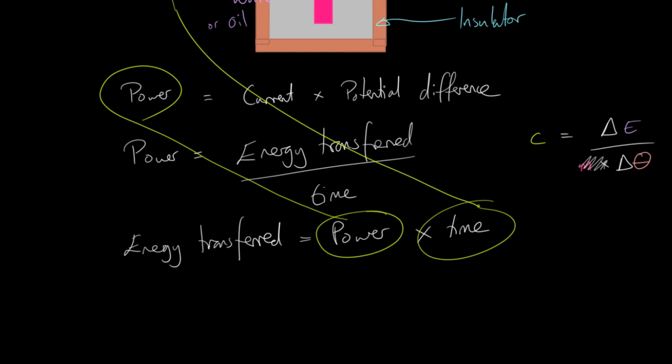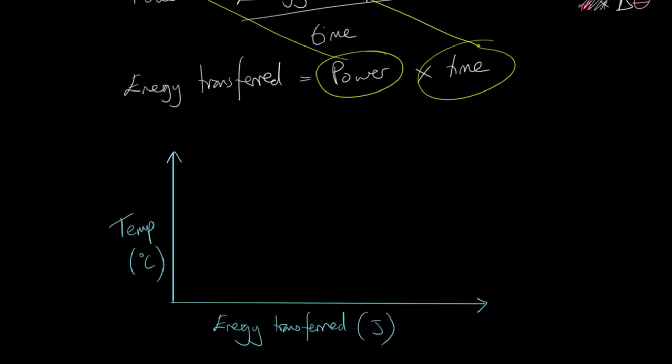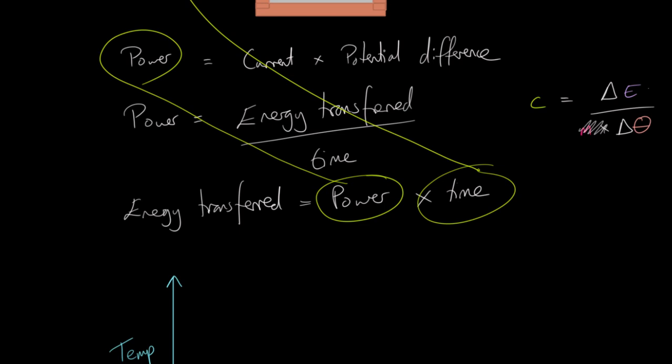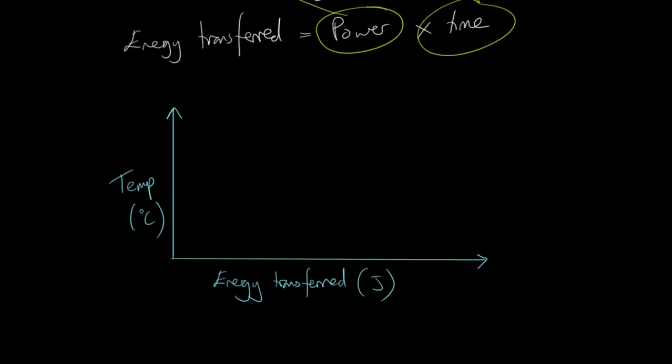And what you end up doing is drawing a graph of energy transferred against temperature. Remember, these are our two core factors up here, energy change and temperature change. And you will most likely get a graph that looks like this. So energy is being applied, and then it will go up like that.